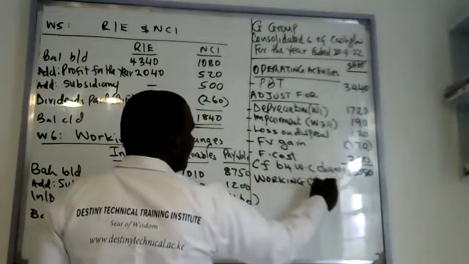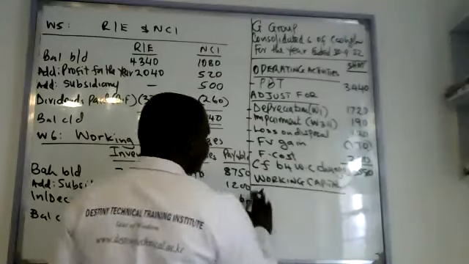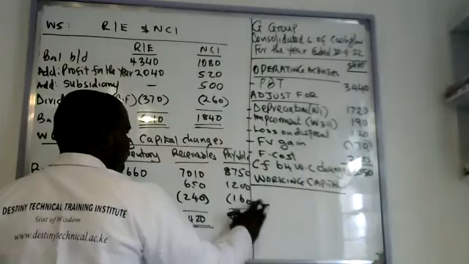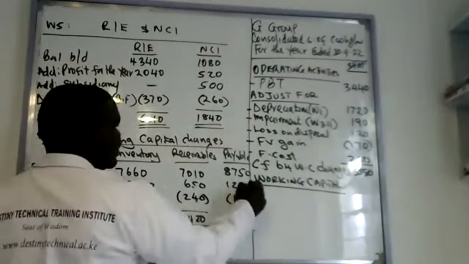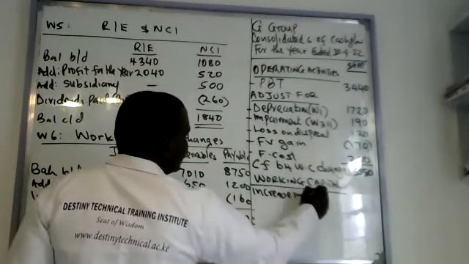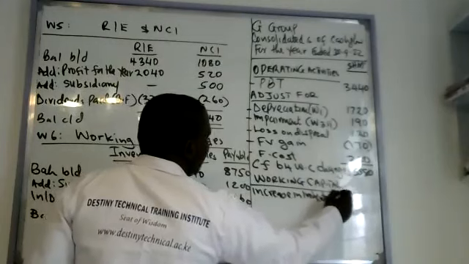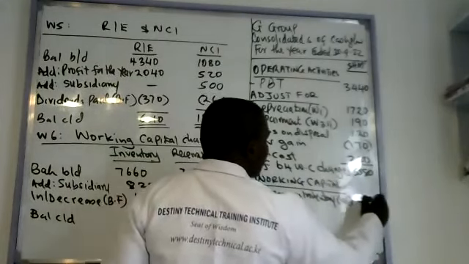Then bring working capital. So working capital, you use the upper, not working 6. So increase in inventory, working 6, 420.